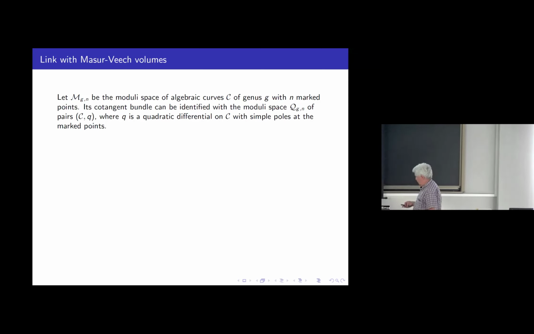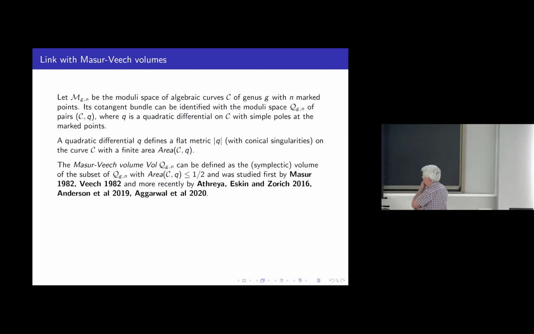And we want to compute the volume. Now, the volume of the cotangent bundle is of course infinite, right? So you have to make sense of this. That was done by Masur and Veech, and it can be done like this. You have a quadratic differential, so you define a flat metric, given by the modulus of Q, which is a flat metric with conical singularities on the curve, and finite area.